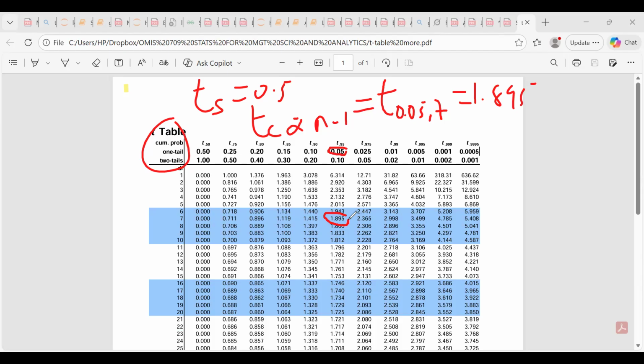And our T statistic was 0.5. Now, to reject the null hypothesis, your T statistic must be greater than the critical value. Reject the null if the T statistic is greater than or equal to the critical value. So in our case, should we reject or not reject?